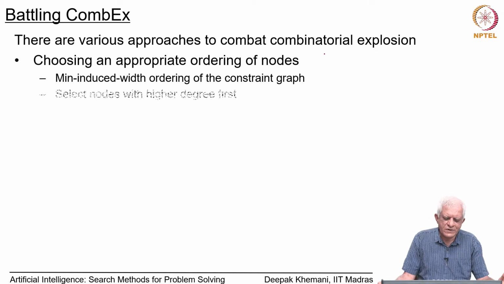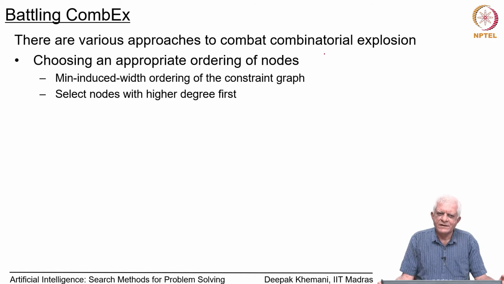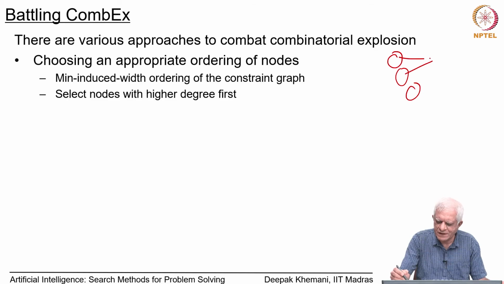One approach is to choose the nodes in an appropriate order. How can you decide which order is best? One thing is to look at the degree of every node. Now, if you choose a node with 1 degree first, let us look at a small tree network.